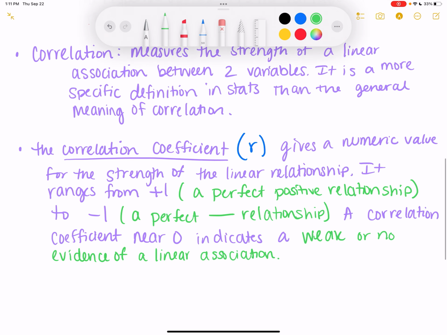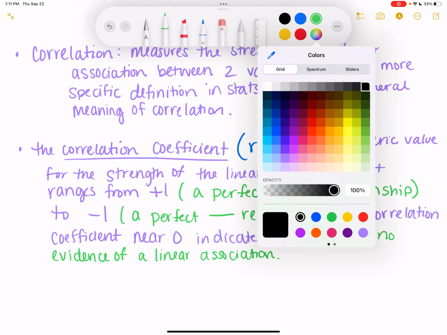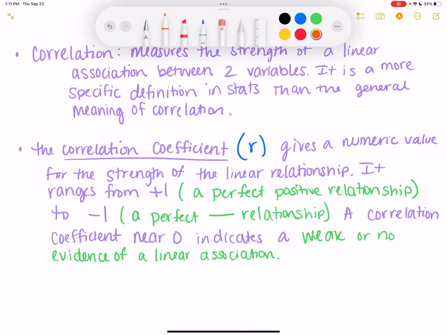Now, something to note here specifically is that when it's talking about the linear association, this does not mean there is no relationship.